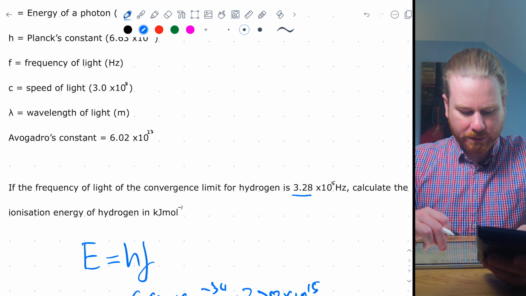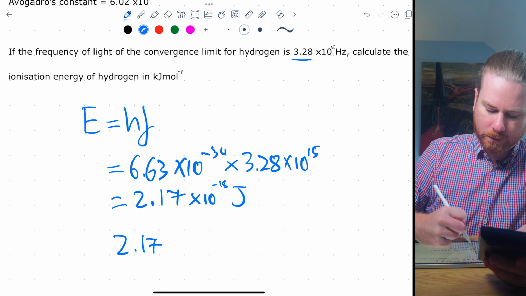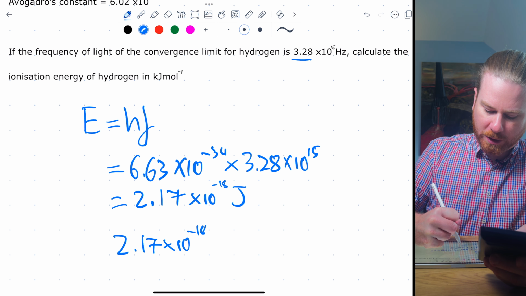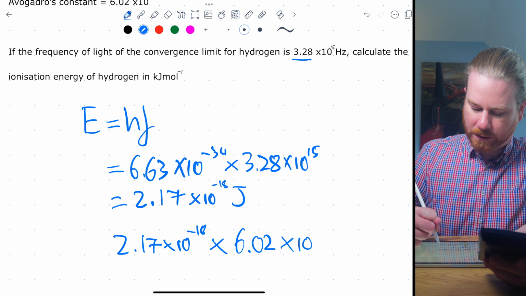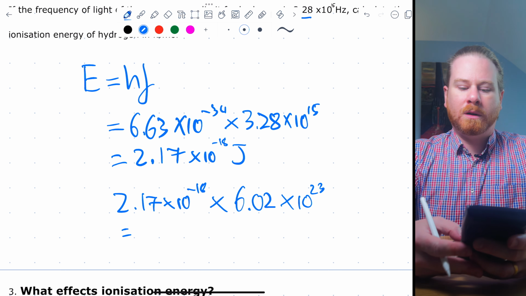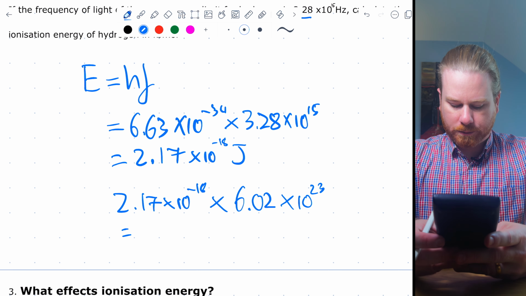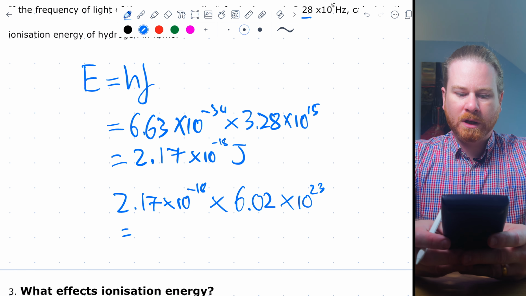So just double check we have Avogadro's constant. 10 to the minus 18 times 6.02 times 10 to the 23. Use the calculator properly.